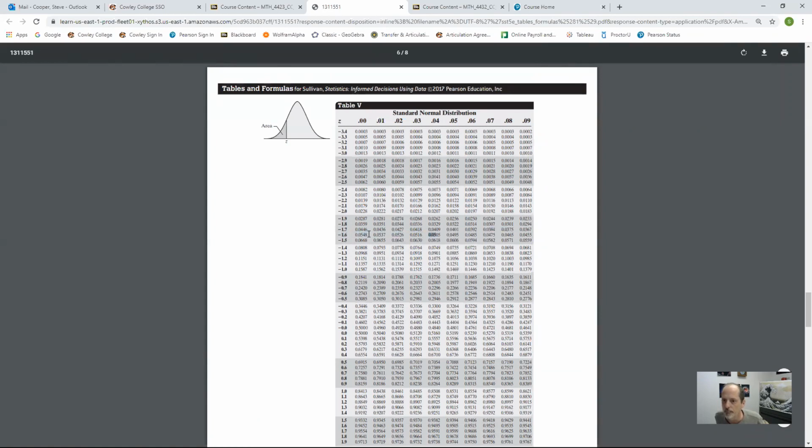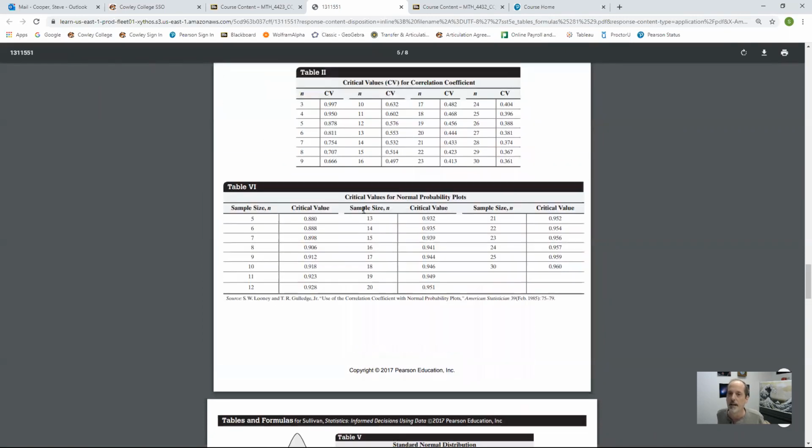So negative 1.64 and then halfway between 5. So they just interpolated between 0.04 and 0.05. But just remember to make it positive because it's on the other side of this. I would have to move this over here to get the area to the right that matches that. Because remember, this is 0 here, and positives on the right, negatives on the left.